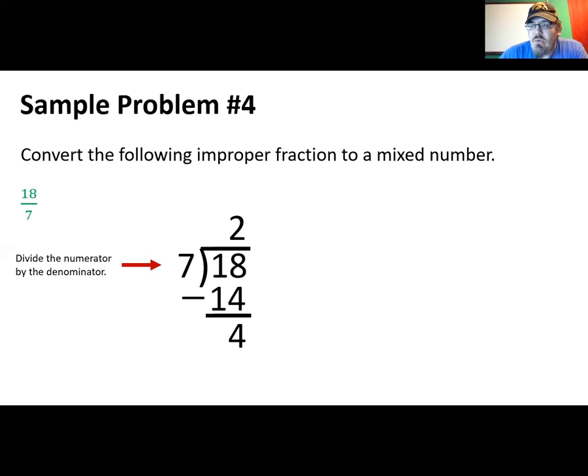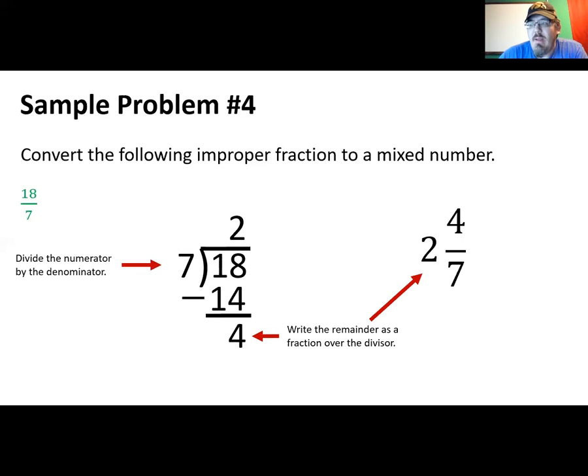And so with that remainder, instead of writing remainder 4 or trying to do a decimal or something like that, what we simply do is we take the remainder and write it as a fraction over the divisor, over the 7, or the original denominator. And so what we end up with is the whole number 2 and then 4/7 as the fraction.